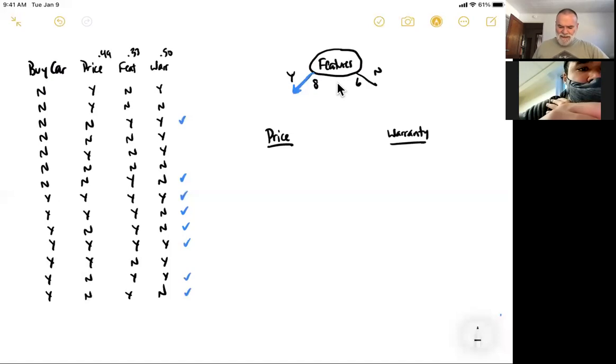And then we're just going to count up, with our price here, the number of yeses and no's, and see if that resulted in buying a car or not. Let's first try the number of yeses. In buy cars or price? Yeah, price.